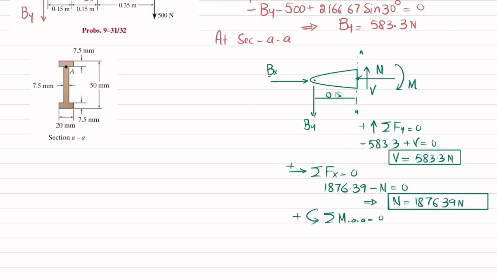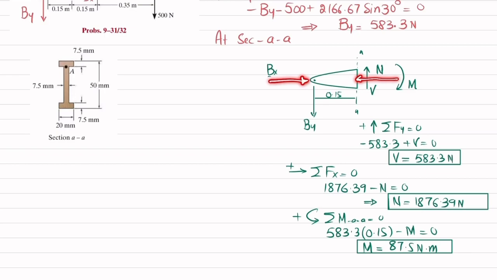So I will write By is 583.3 into perpendicular distance 0.15 minus this moment equals 0. So from here the moment will be equal to 87.5 Newton meter.